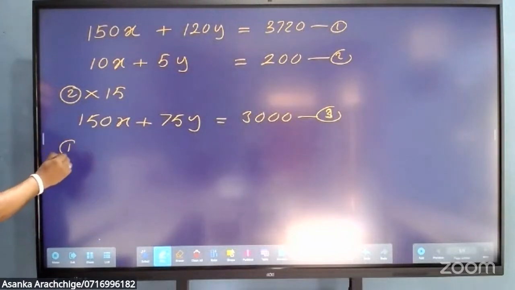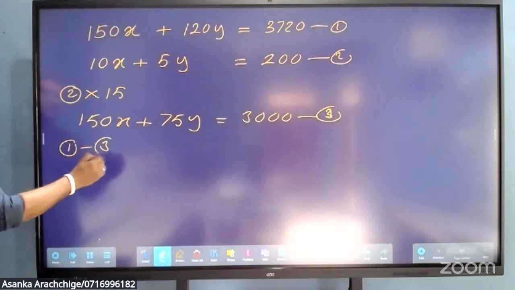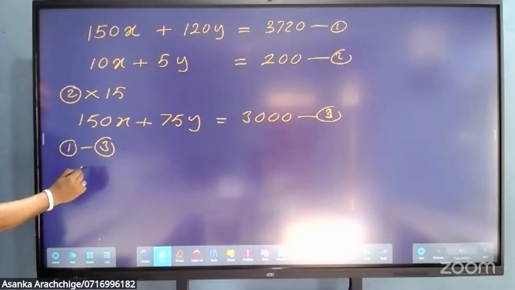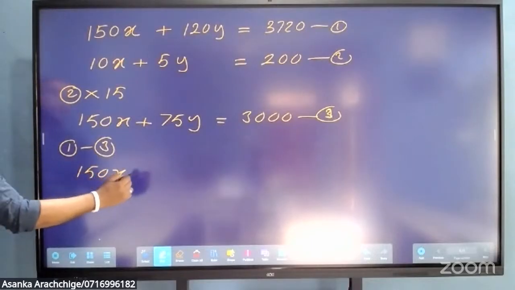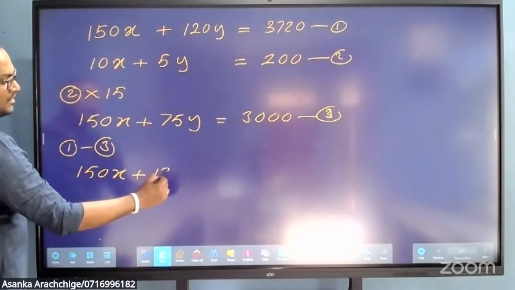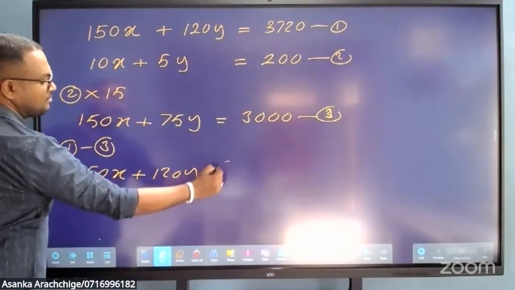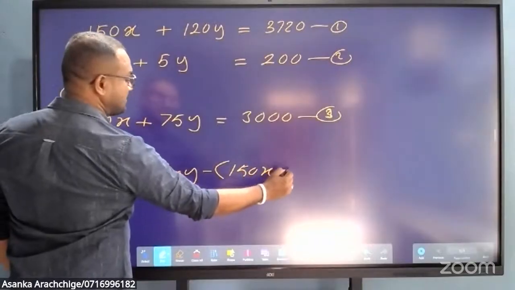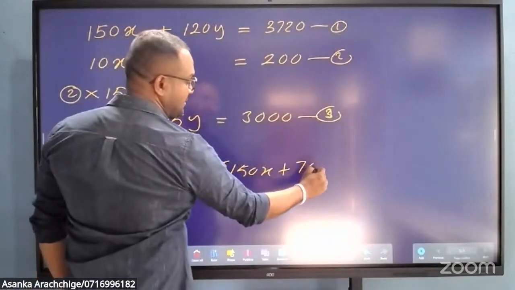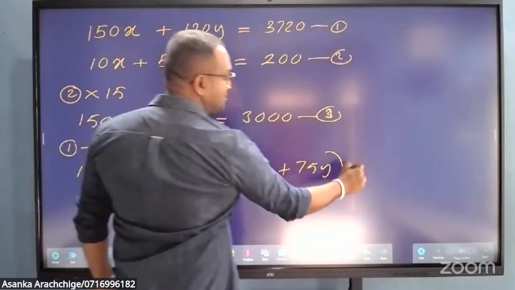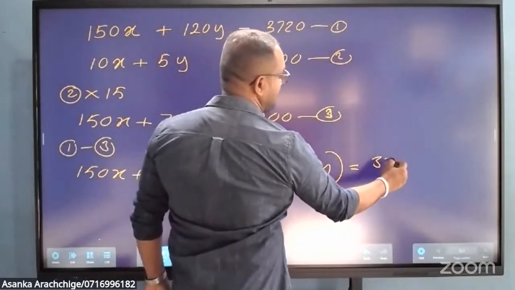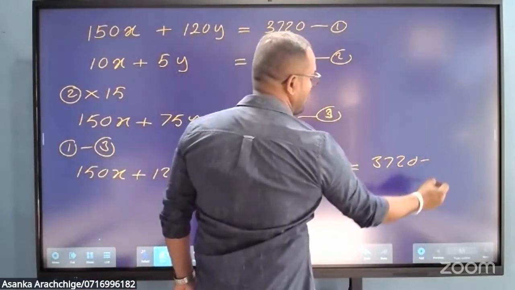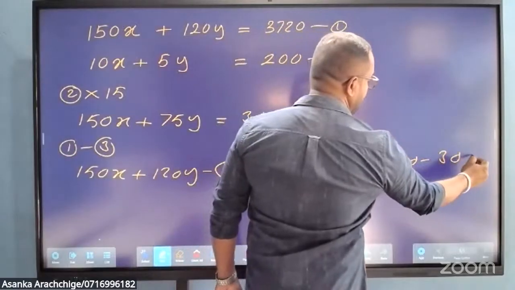I subtract the third one from the first one. 150x plus 120y minus (150x plus 75y) must be equal to 3,720 minus 3,000.